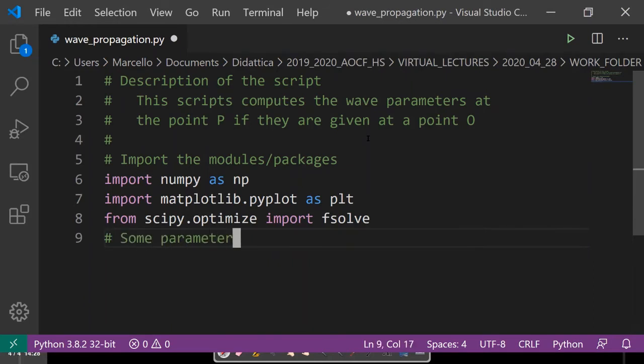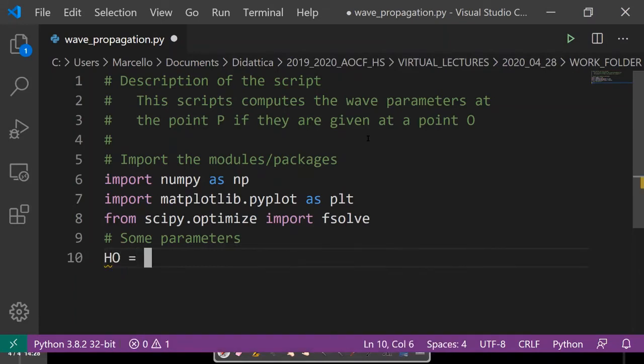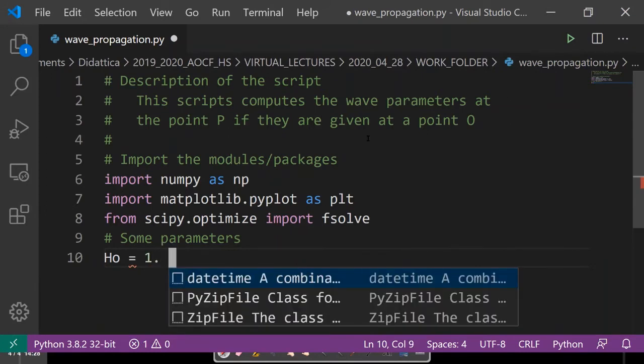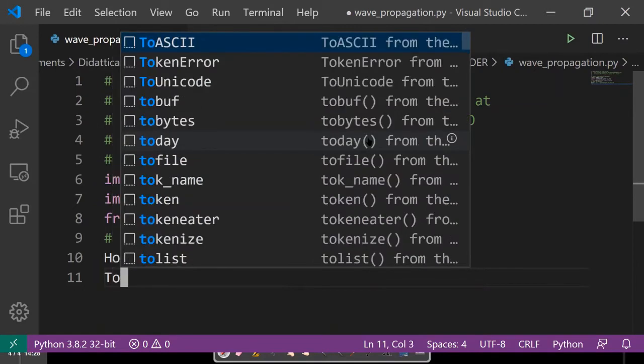Then we write some parameters, and the parameters are the wave height offshore. We can write just for now wave height at point O. Just for example, 1 meter. This is expressed in meters. The wave period.